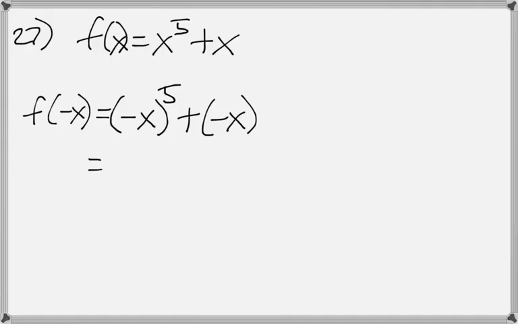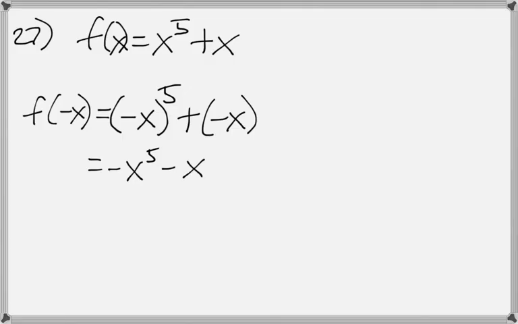If I simplify this, the negative sign, if I raise it to the fifth power, is still going to be negative because an odd number of negatives remains negative. And then this will be minus x.